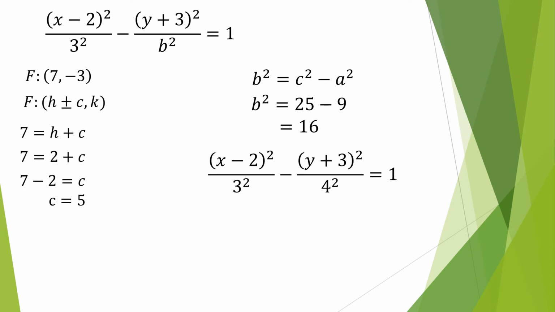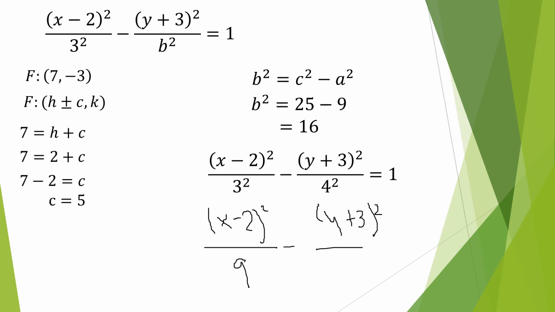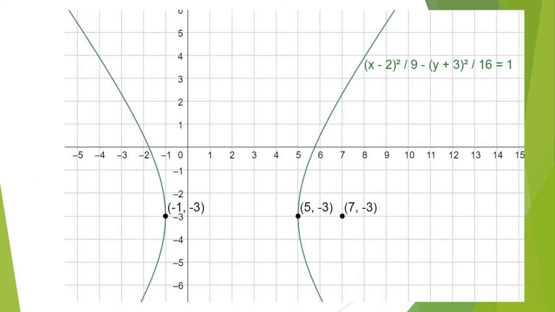So we can write this also in the form the quantity x minus 2 squared over 3 squared, that is 9, minus the quantity y plus 3 squared over 4 squared, that is 16, equals 1.